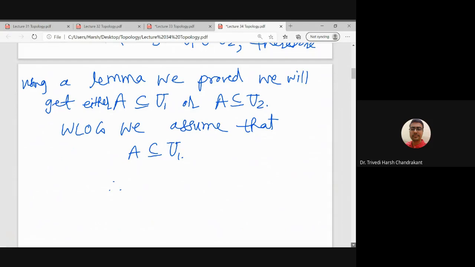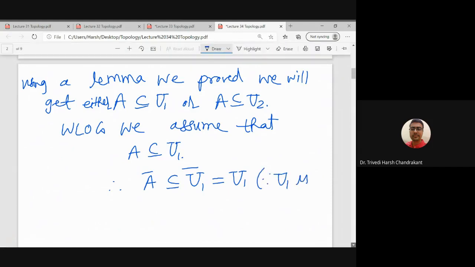Taking closure on both sides, A closure is a subset of U1 closure, but U1 closure is U1. Why? Because U1 is closed.